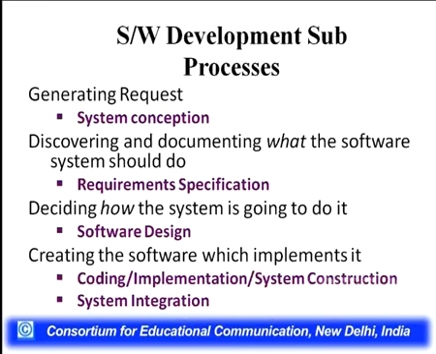The first and foremost process, when software development initiation starts, or when a company starts to think about getting a software made, is generating the request, or system conception, that is, discovering and documenting what the software should do.